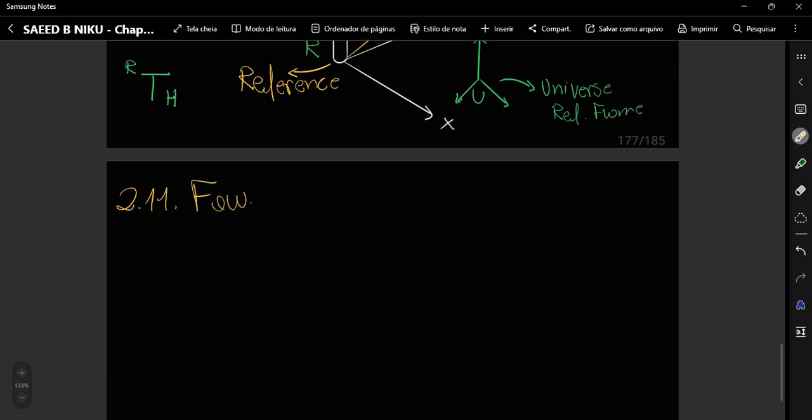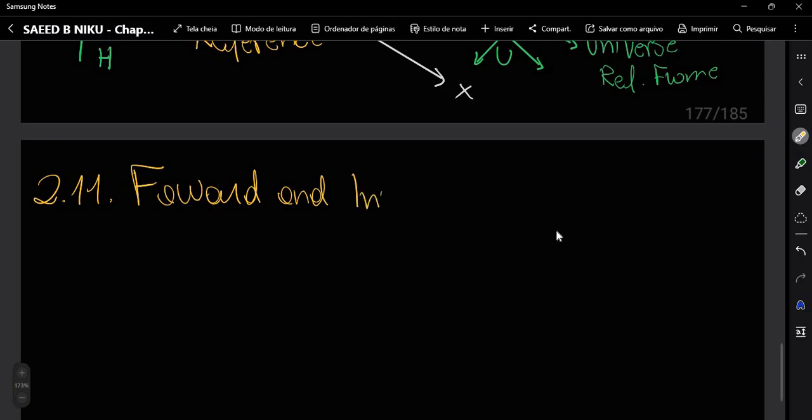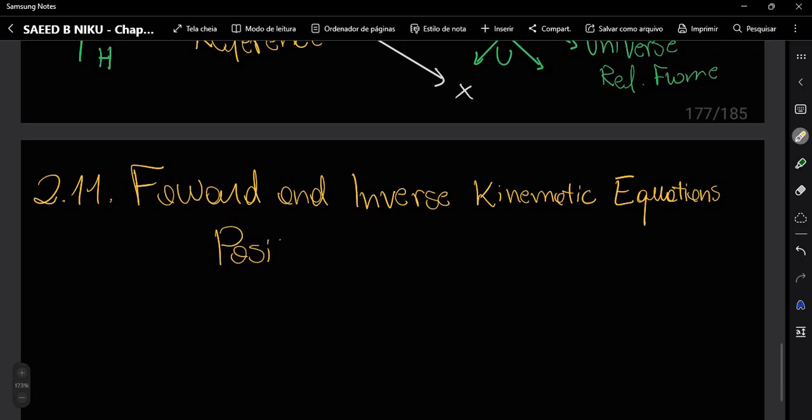So forward and inverse kinematic equations. Position and orientation.